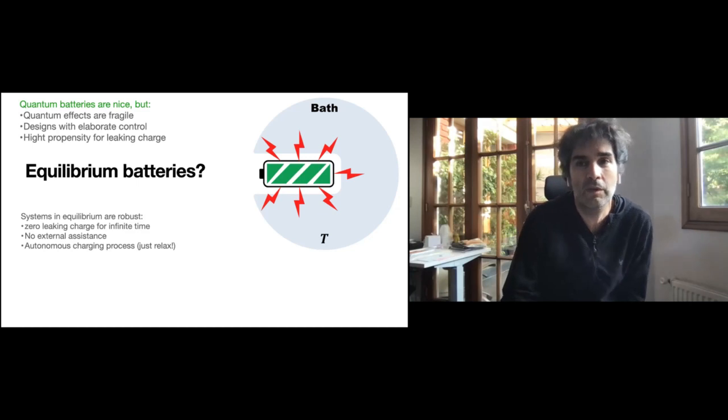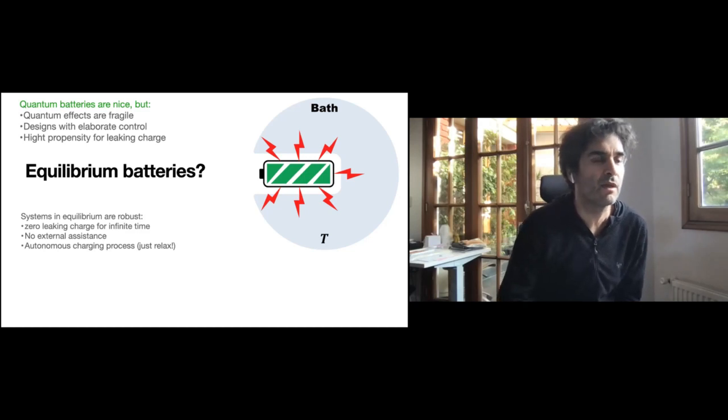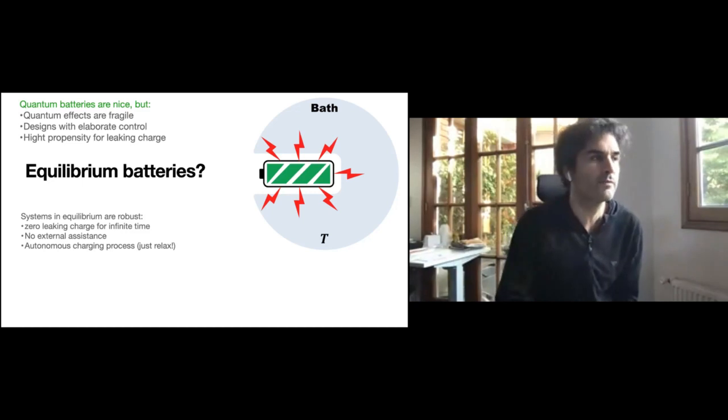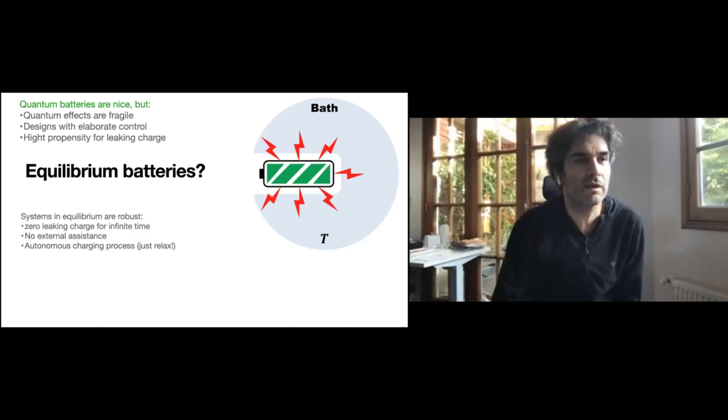We don't need any or much control to keep it in the equilibrium state. The charge is not lost because it is in equilibrium with the bath. And to charge it, you just let the system, again, relax to equilibrium. So it will be very nice.